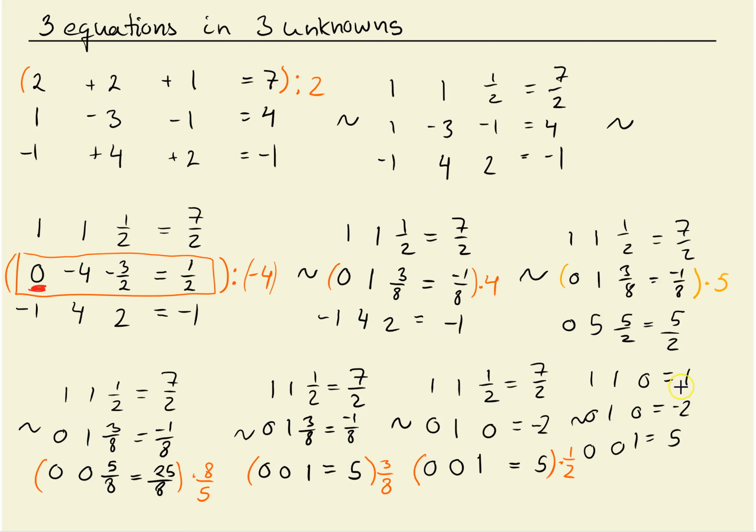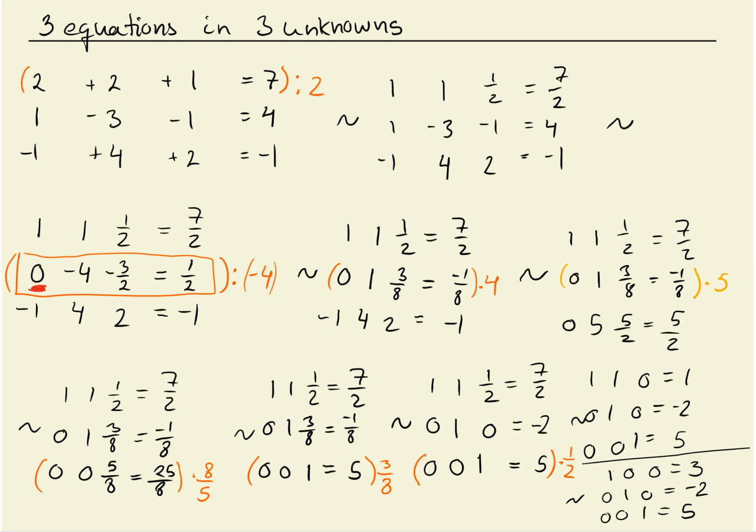That gives me 1. And now I need to finally subtract the second equation from the first, because I have a 1 here and I have the 1 here that I want to eliminate. And when I do that, I get this system of equations. So now I can directly read off that x1 is 3, x2 is -2, and x3 is 5.